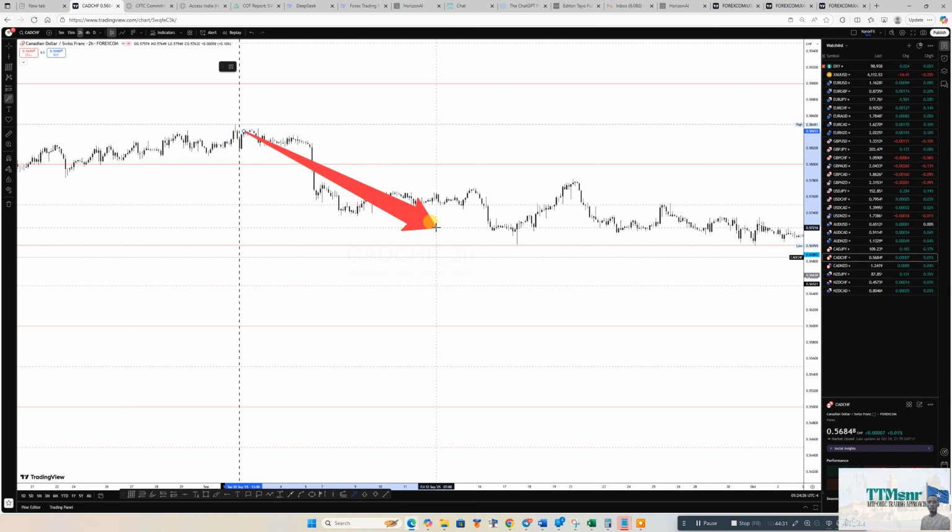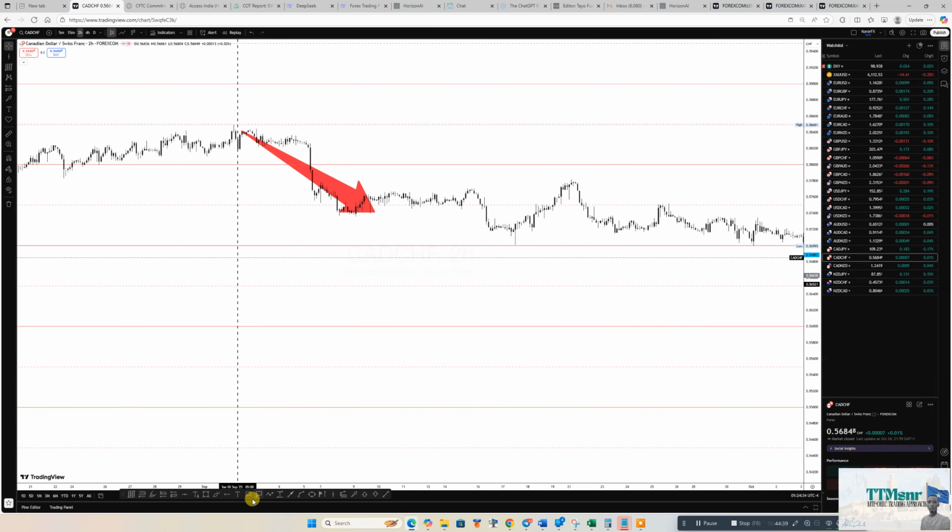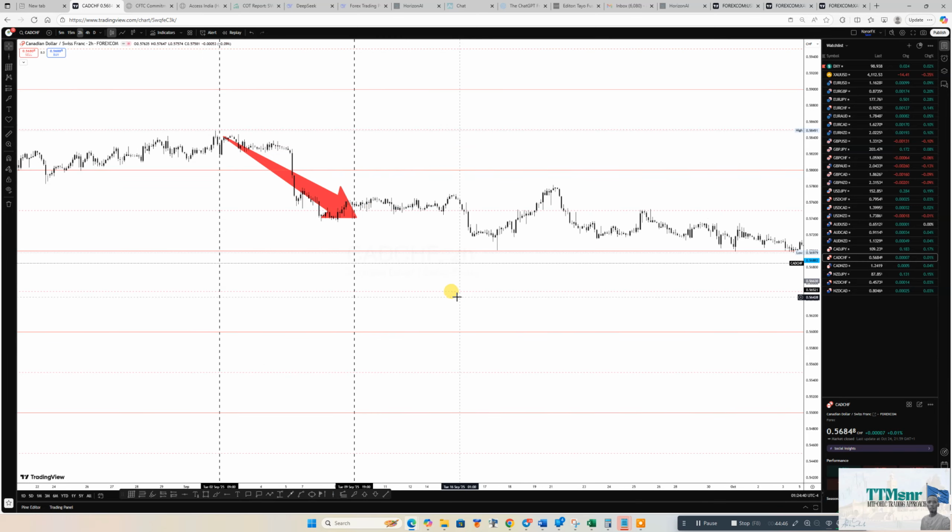September 9. Okay, September 9. So the next week comes, guys, when September 9 is here, which will be Tuesday, and then the market starts continuation down. Why?